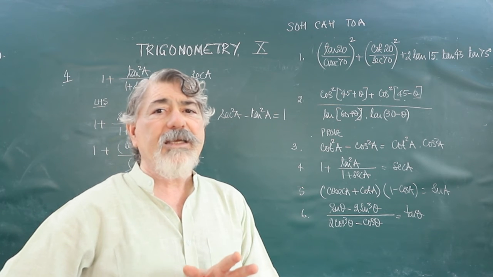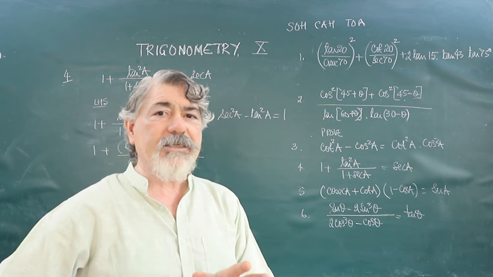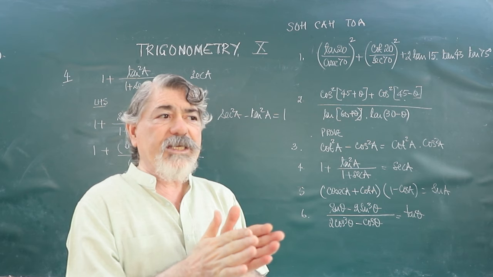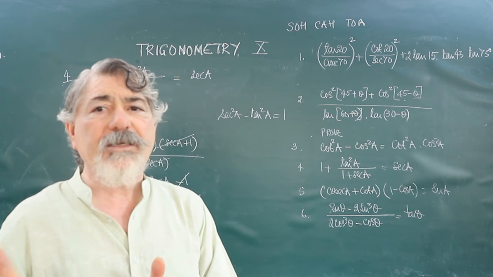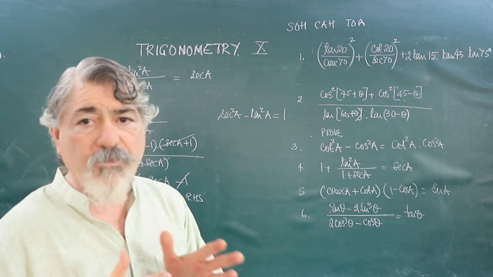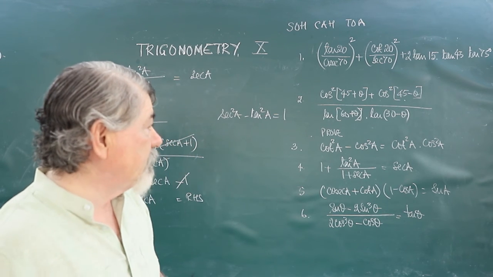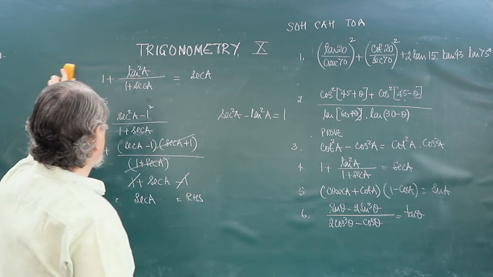So every fundamental identity had 3 portions to it. We could express them as three different subjects of formula, depending on what we need. Now let us see question number 5.